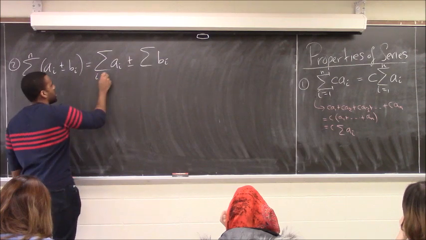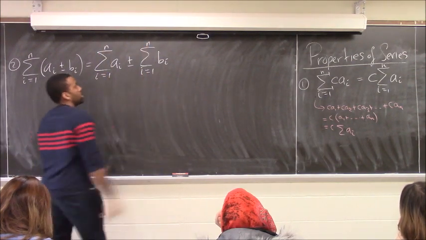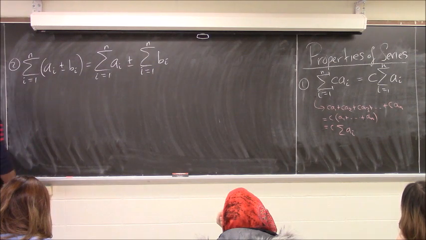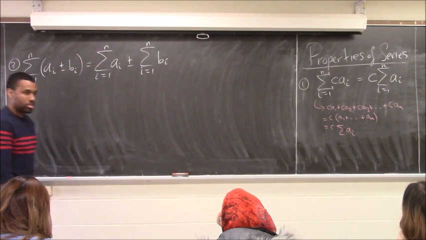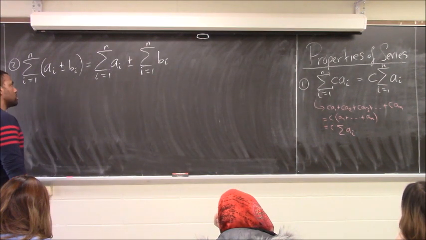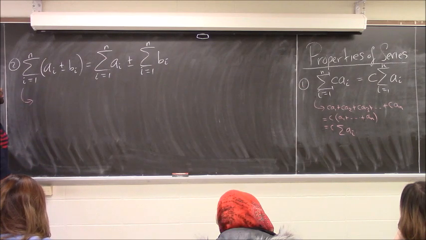I can add up all the a's and then add up all the b's separately. So the series of a sum is the sum of the series, as it turns out. And that one is also not too difficult to see.